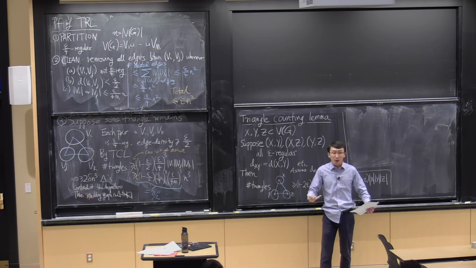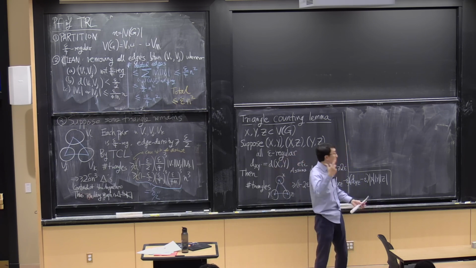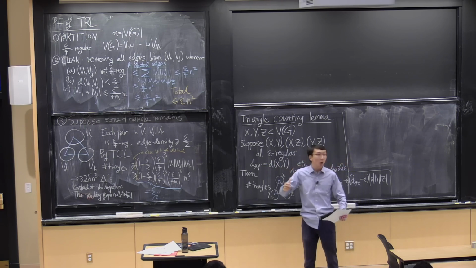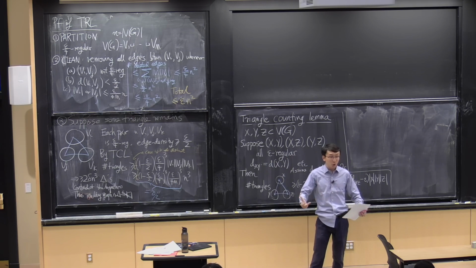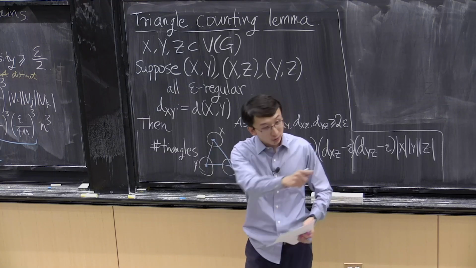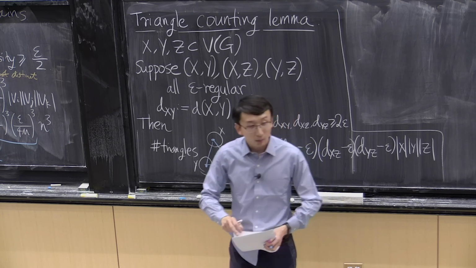Because if we're not triangle free and I find some triangle, then I should be able to use that triple of vertex sets combined with the triangle counting lemma to produce a lot more triangles. And that would violate the hypothesis of the theorem.